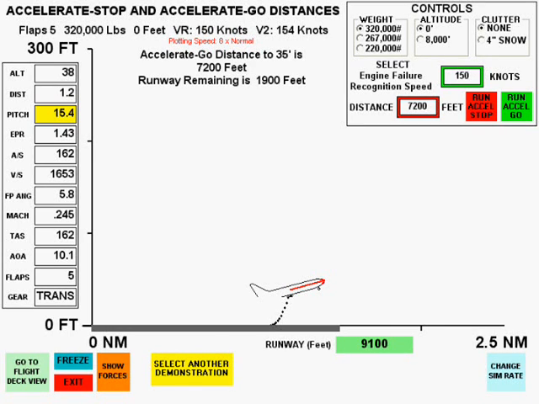However, for a legal takeoff, 15% must be added to the all-engines takeoff distance, for a total distance required of 8,400 feet. The greater of this distance, or the balanced field length, which was 9,100 feet, determines the legally required runway length.